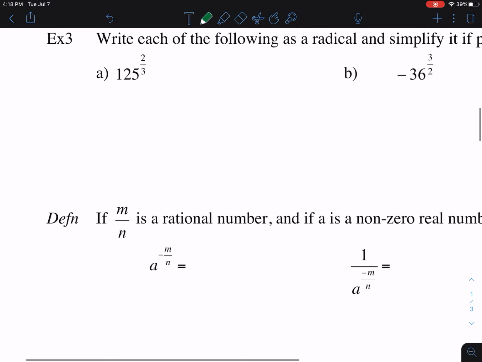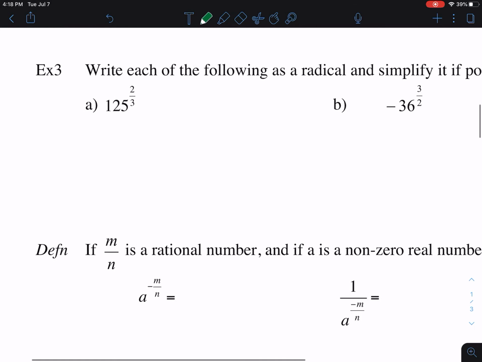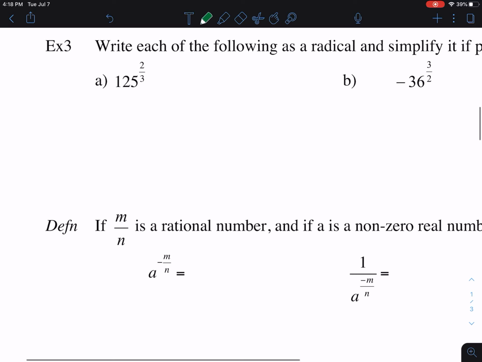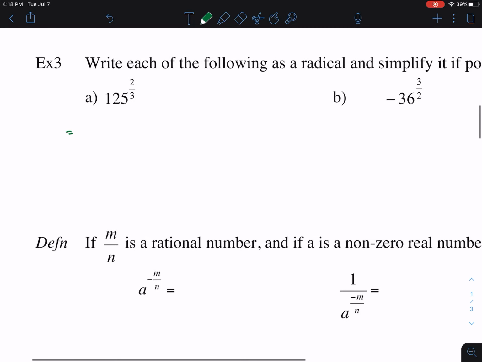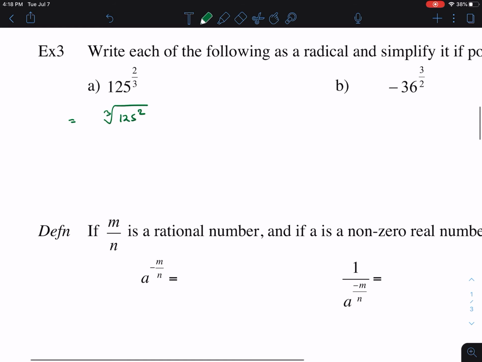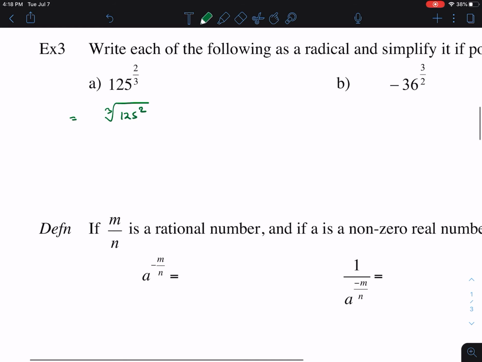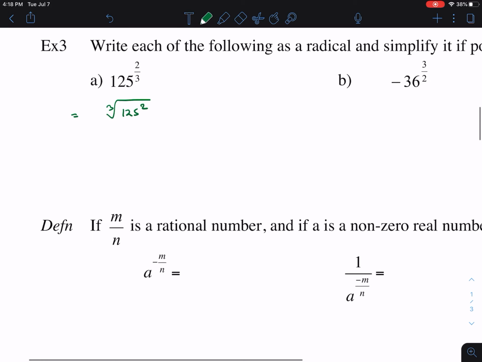Let's look at some more examples. 125 to the 2/3 power. If we translate this to radical form, we can have the third root of 125 squared. So we can square 125 and take the cube root of that. But it takes a while to figure out the third root of 125 squared, and that's going to be really huge.